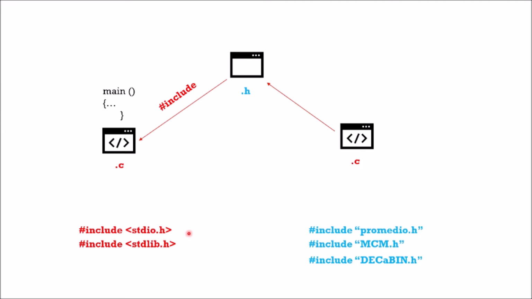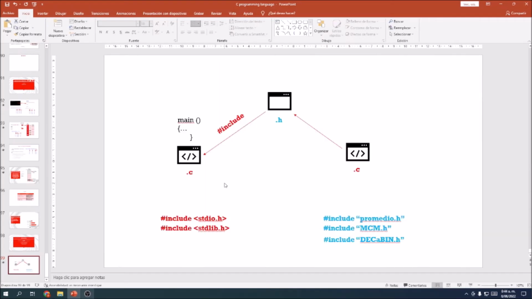So what I mean here is that whenever we include a header file from the standard library with these arrows instead of double quotation marks, our compiler is going to work like this.